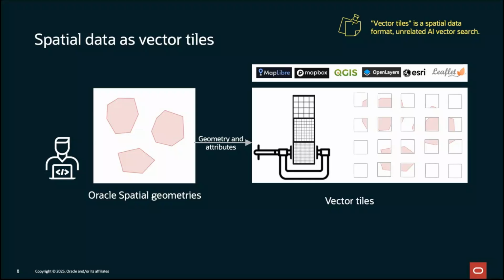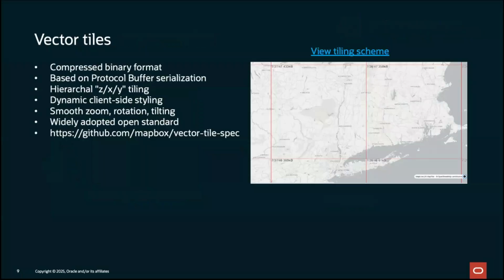I want to make a special note. You see on the top right that vector tiles has the word vector in it. And when we hear the word vector now, we all immediately turn to vector embedding and LLMs and AI search and all that sort of stuff. And that's not what we're talking about. So in this context, vector tiles means specifically these spatial vector tiles, which is a format for serving geospatial data.